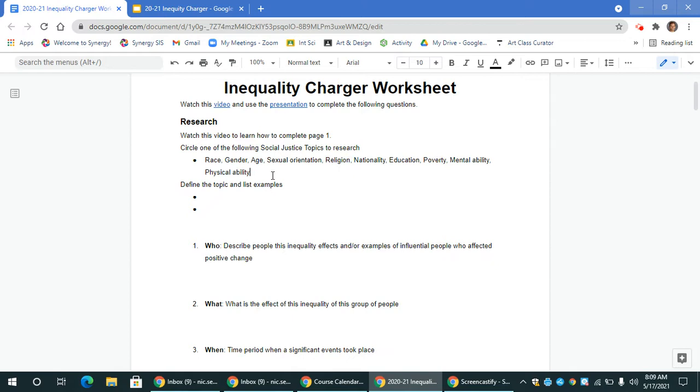So what you can do is do some research in your internet browser and search for race discrimination, gender discrimination, etc. Once you've spent several minutes researching all these topics, choose one, and then you can define the topic and list some examples here.